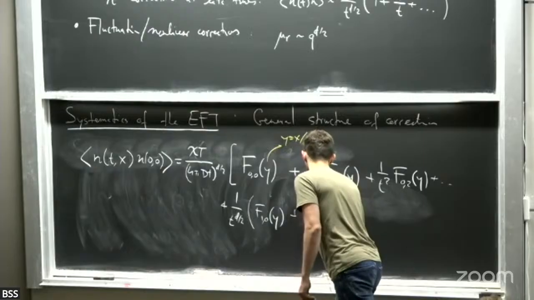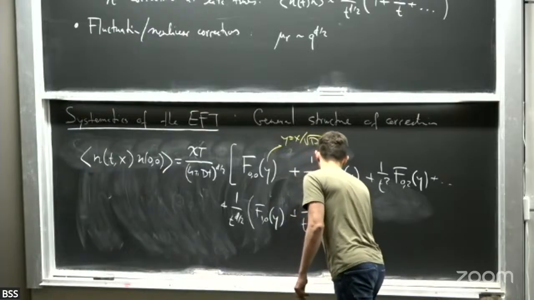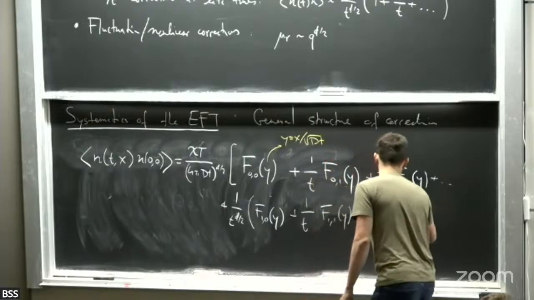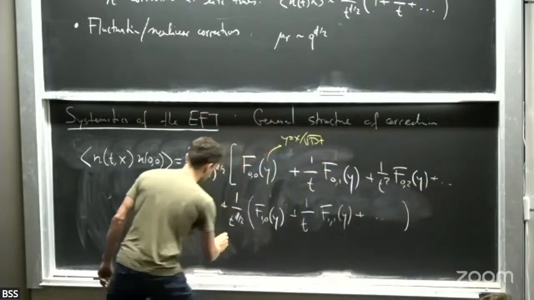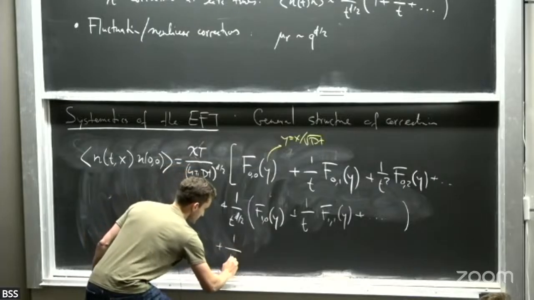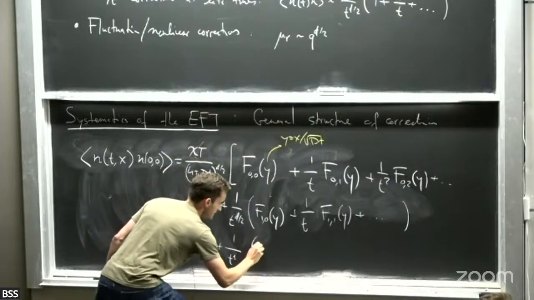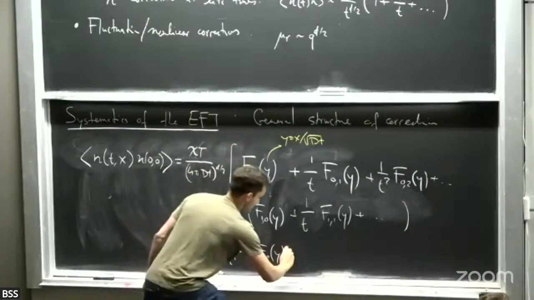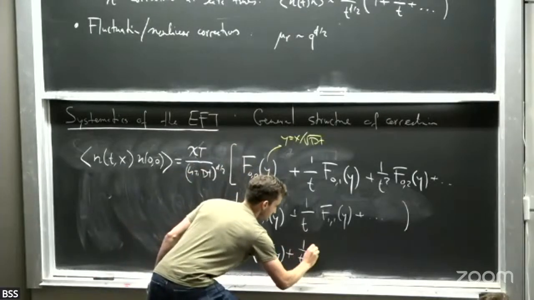We have combinations of the two, higher derivative and higher fluctuation corrections. And okay, so the effective field theory is a double expansion in loops and in derivatives. And it gives us the general structure of observables at late times or low frequencies.